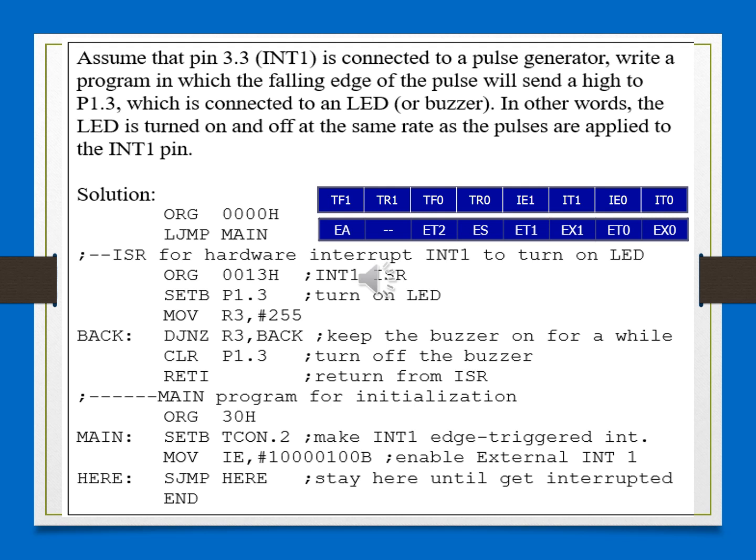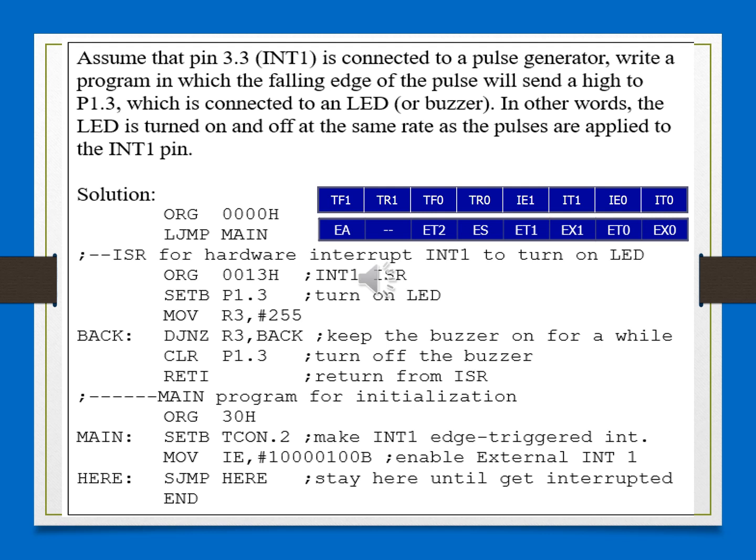Glow the LED for a few microseconds and turn it off. At the next pulse and the next high to low edge, the LED will again be on. So in the program you are turning the LED on and off.